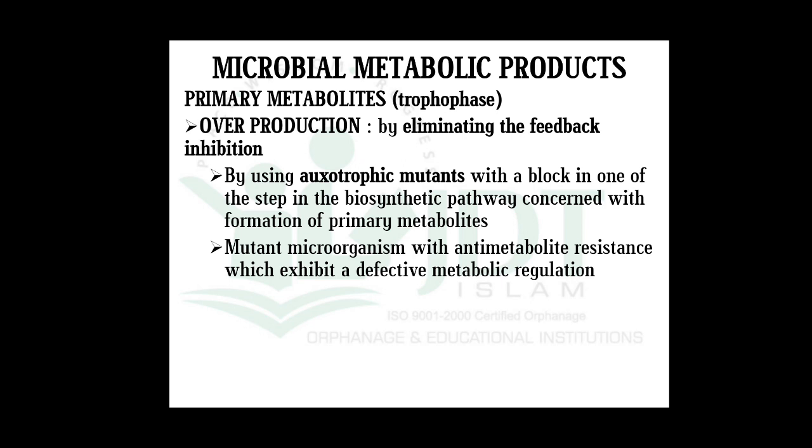We can overproduce by eliminating the feedback inhibition by using auxotrophic mutants, which block one of the steps in the biosynthetic pathway concerned with the formation of primary metabolites, or by using mutant microorganisms with anti-metabolite resistance, which exhibit defective metabolic regulation. These are the methods for overproduction of primary metabolites.